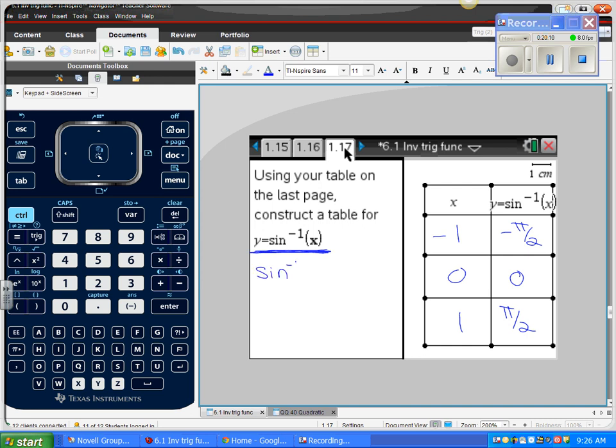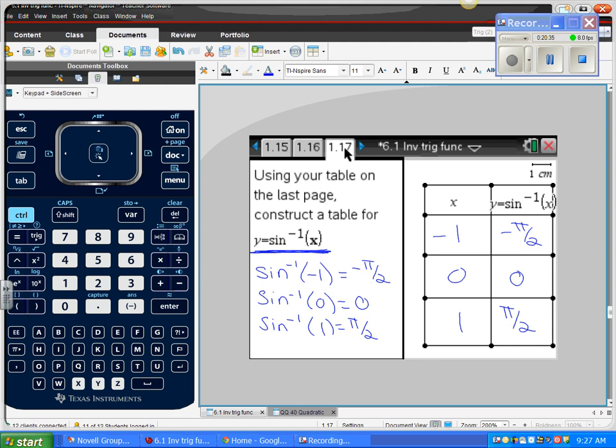Sine inverse of negative 1 is going to equal what? Negative pi over 2. Sine inverse of 0 is going to equal 0.